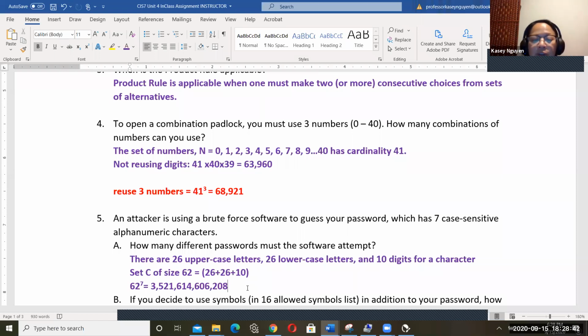Any question with 5A? No question. Okay.